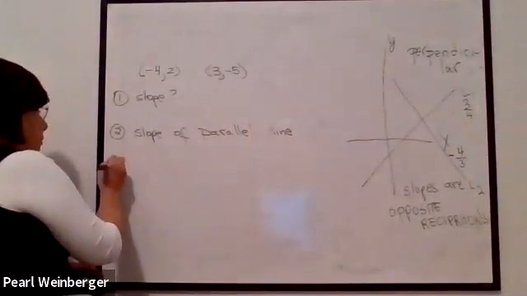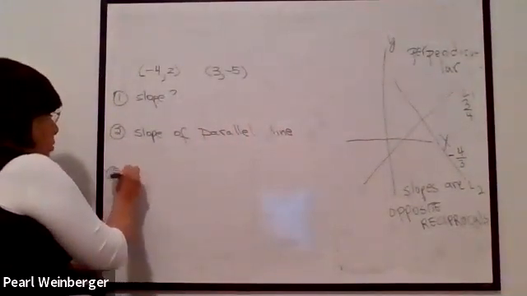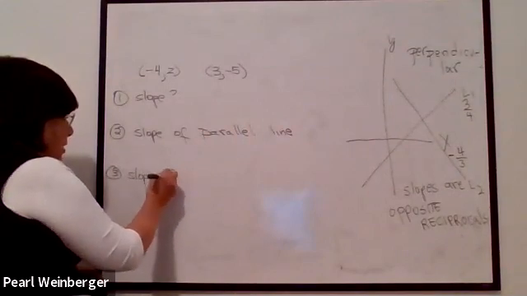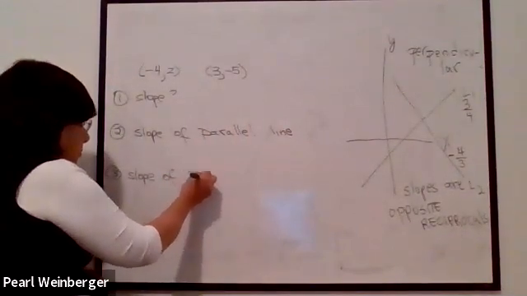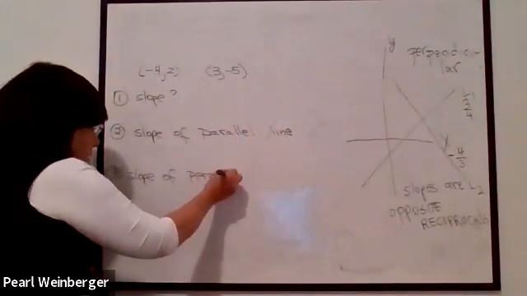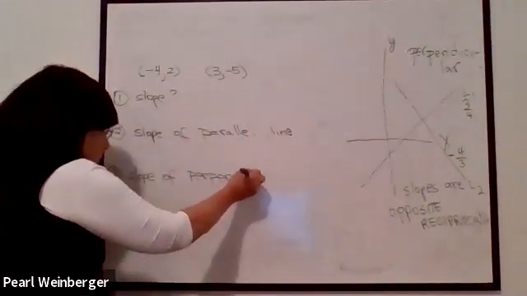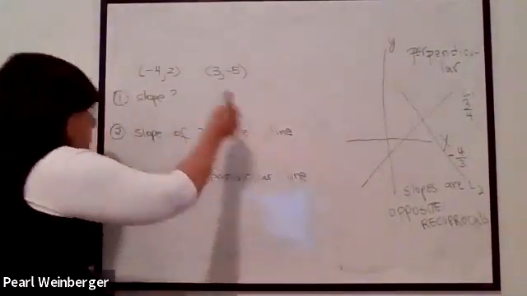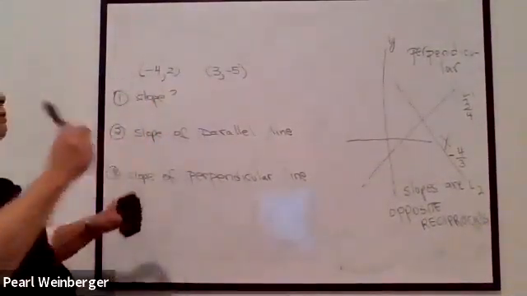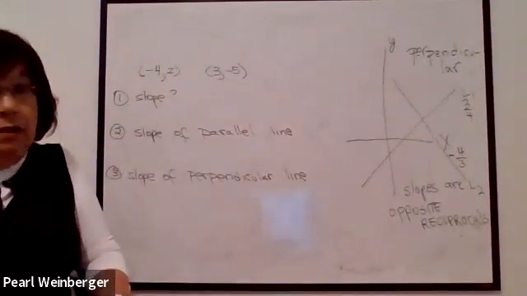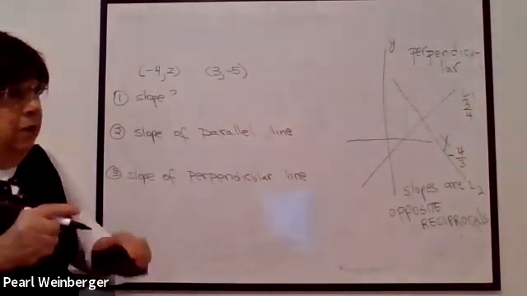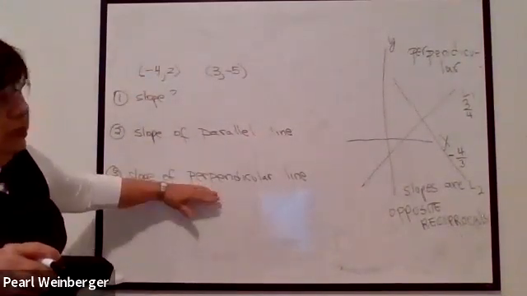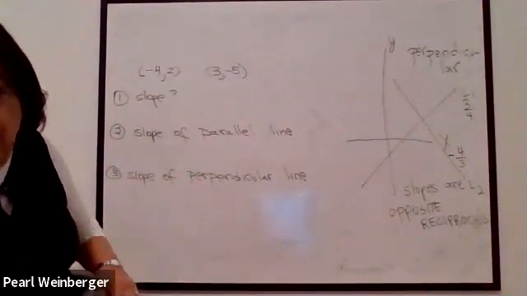And the third thing I want you to do is to find the slope of a line that's perpendicular to this line. So we're going to have this line that's between these 2 points. I want you to find the slope of that line, the slope of a line that's going to be parallel to this line, and also a slope of a line that's going to be perpendicular. I'm going to give you a few minutes to try that.